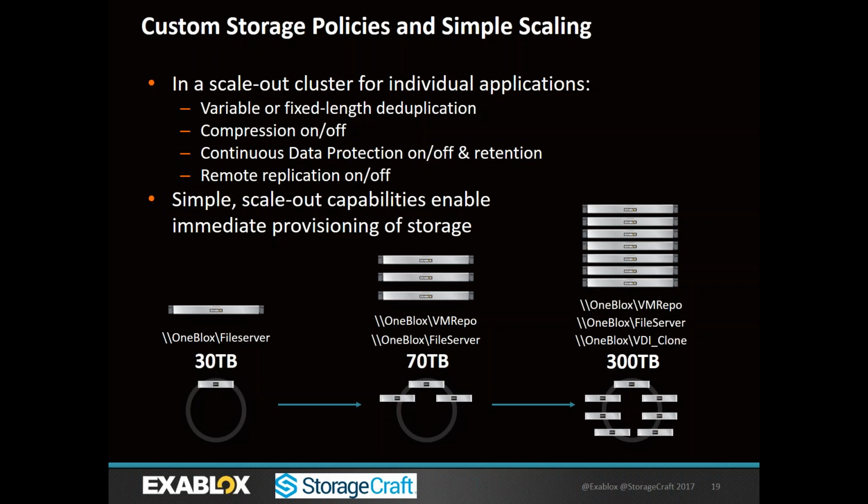Simply remove that unit from the cluster, add the new one, and the system will perform an automatic redistribution of the data. So all of a sudden, forklift upgrades, rip and replace, these kinds of terms become redundant when we start to talk about OneBlox.